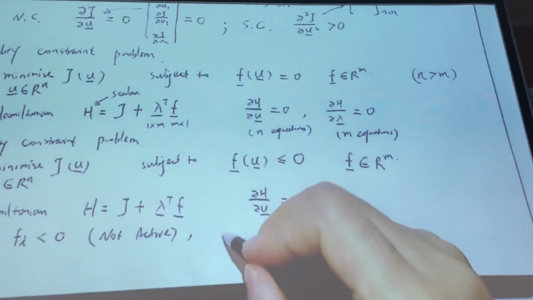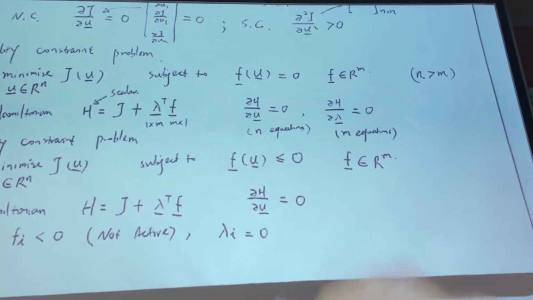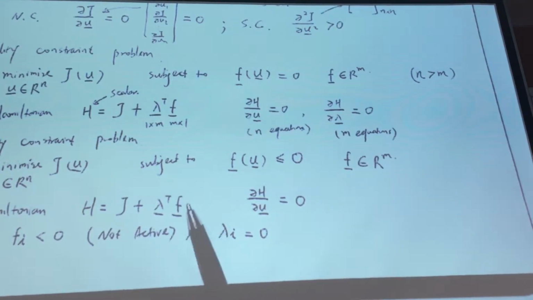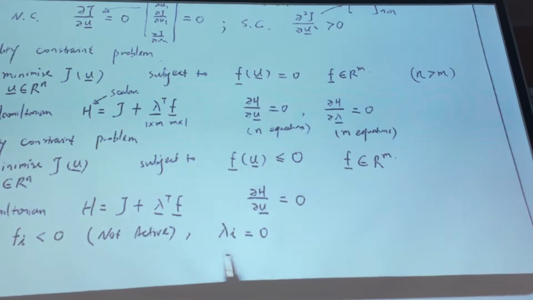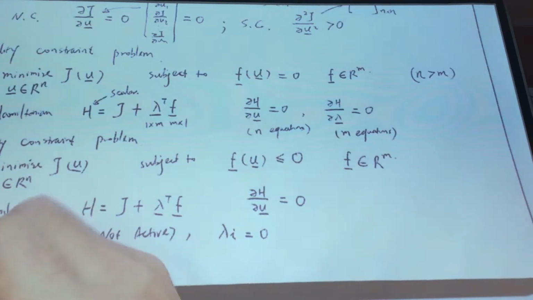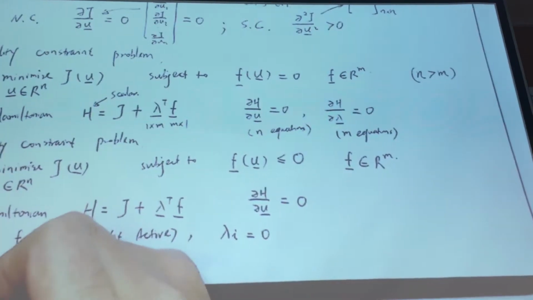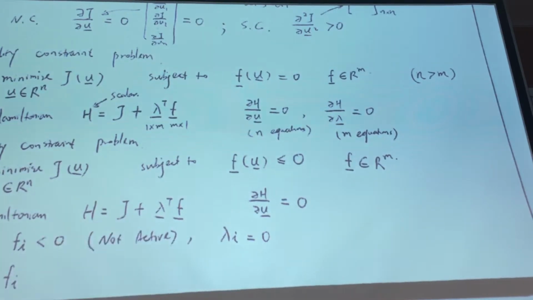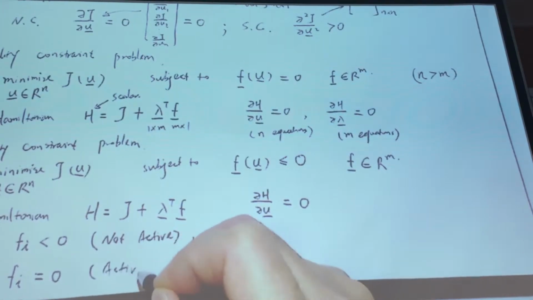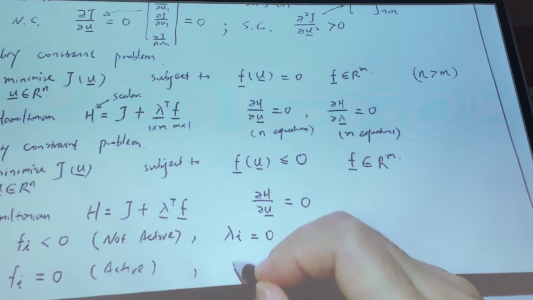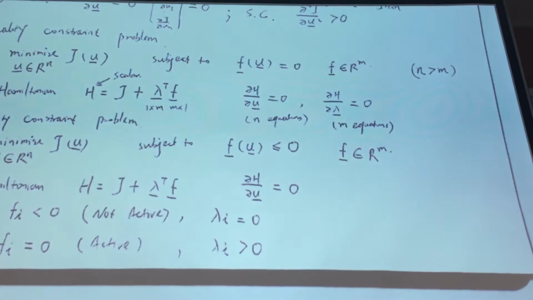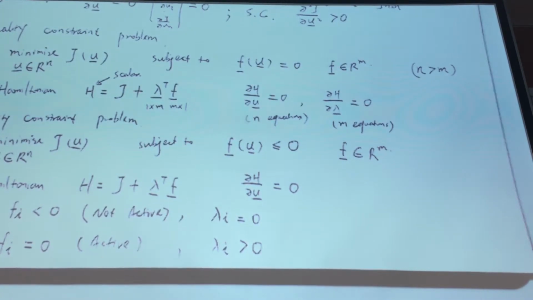It is not being used here, so we should set the corresponding lambda to 0. Second, if the constraint is active, equal to 0, then the corresponding Lagrange multiplier must be positive.